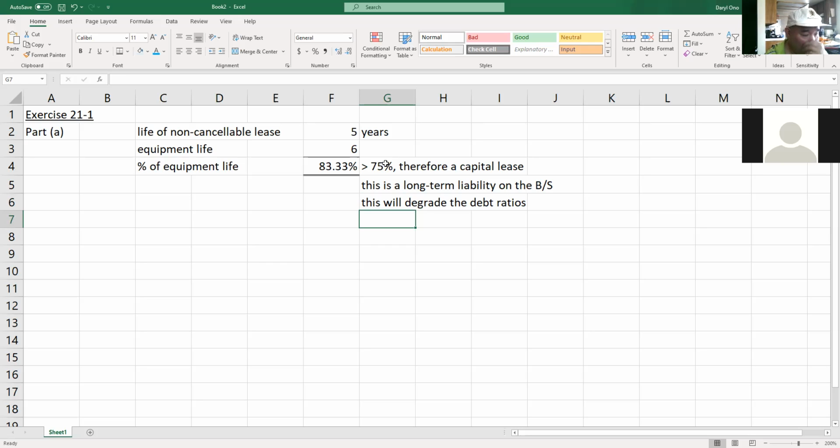And remember, they had the lease payments. Let me look at the book here. You can look at the book here too. But they had lease payments of 8,668. Where did they come up with that number? I'm not sure. But anyways, the lease payments are 8,668. So let's do part B now.